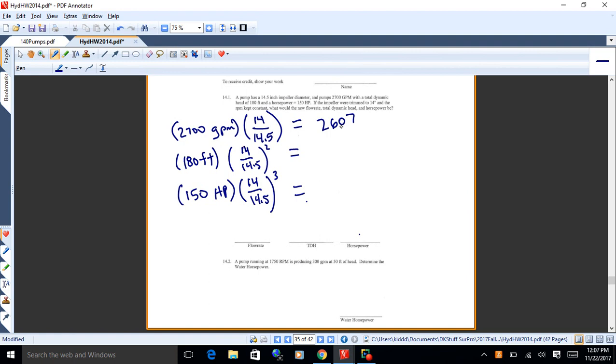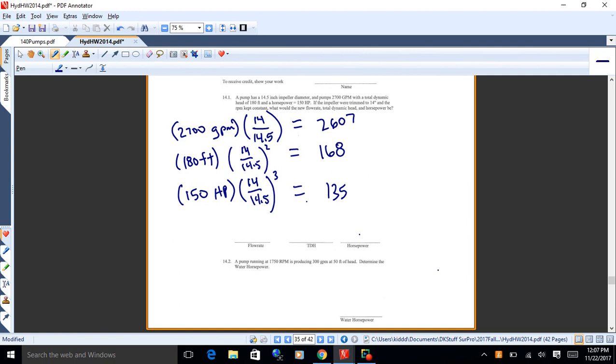Now, on your calculator, of course, you've got a square button. You may or may not have a cube button. All calculators work a little differently, but sometimes there's something called an X to the Y button.